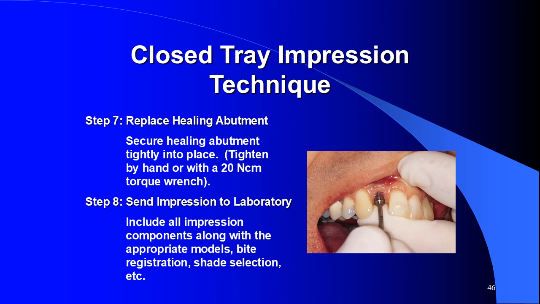Then we secure the healing abutment tightly into place by hand using the screwdriver, and sometimes we need the torque meter. Then the impression with its components will be sent to the lab to complete the prosthesis, and don't forget the shade selection and height of the patient.